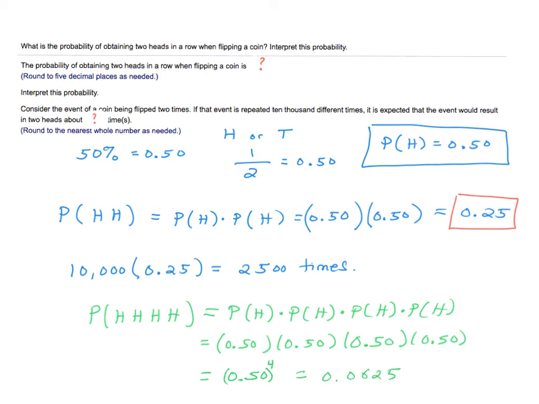So that wasn't in this question, but I just wanted to go a couple of steps further to say there's nothing special about 2. It could have been 4 times in a row, or getting 7 heads in a row. You would just take that value and multiply it to itself that number of times, and a very fast way to do that is by using an exponent.